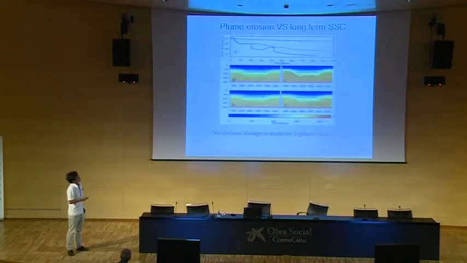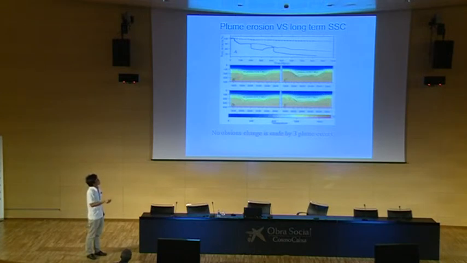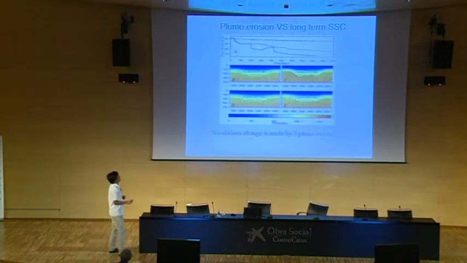In that case, I ran two models: one has no plume at all, and the other has 3 plumes at 200 million, 300 million, and 400 million years. If you compare the cratonic root, this dashed line is the root shape of the cratonic root, and this white contour is also the shape of the cratonic root.